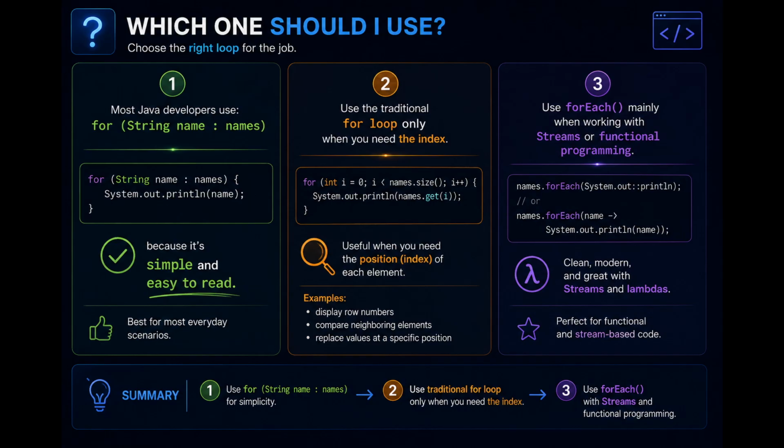So which one should you use then? For the most part, the for String name in names loop, because it's simple and easy. Use the traditional for loop only when you need the index. Use the forEach method mainly when working with streams or functional programming.